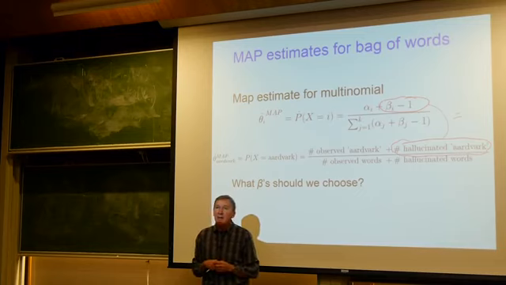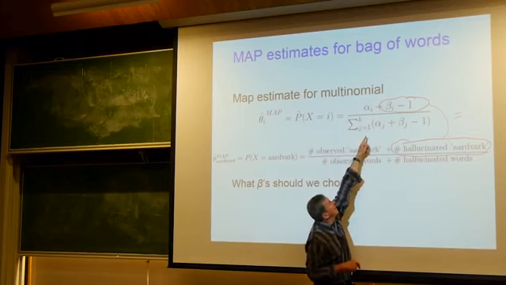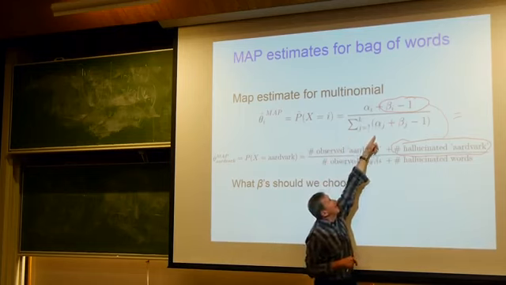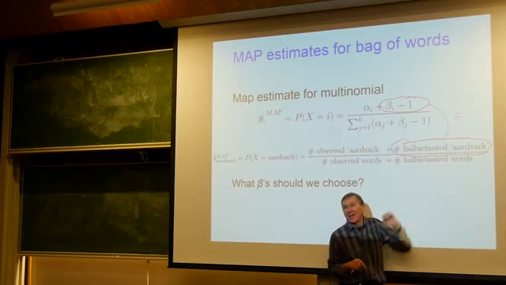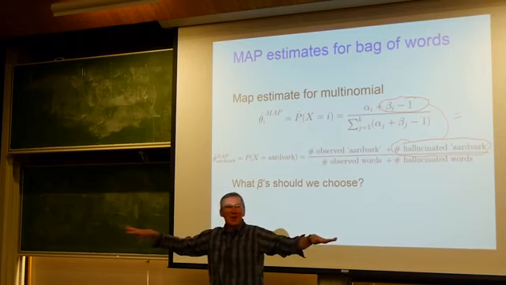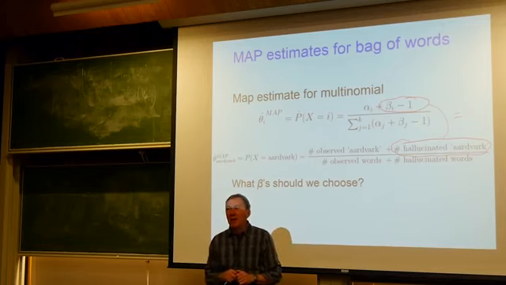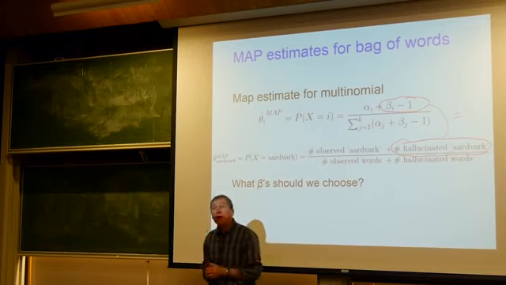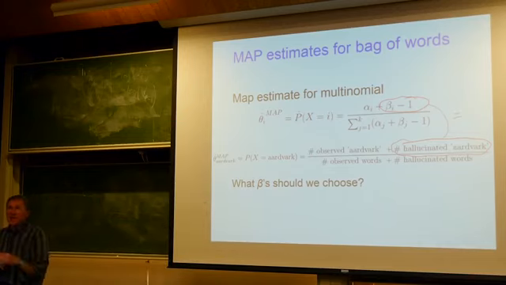But remember that our estimates are hopefully going to have more observed counts than one anyway. So that uniform distribution is enough to keep us away from having zero probability estimates, and they'll be dominated by the observed counts in many cases anyway. But the best way to do it is to actually look at the real word frequencies. And that's a good prior.